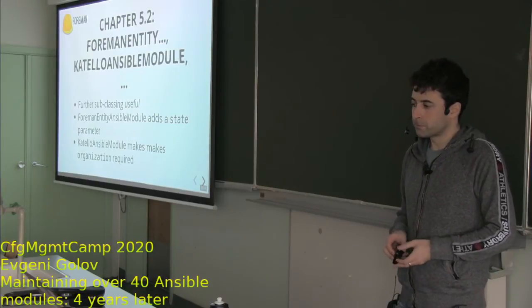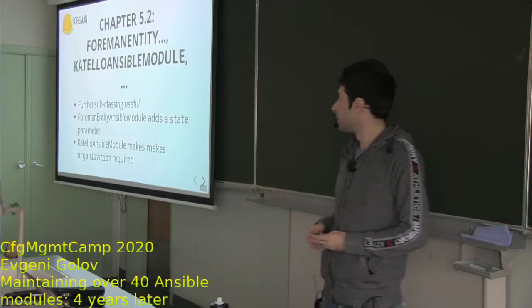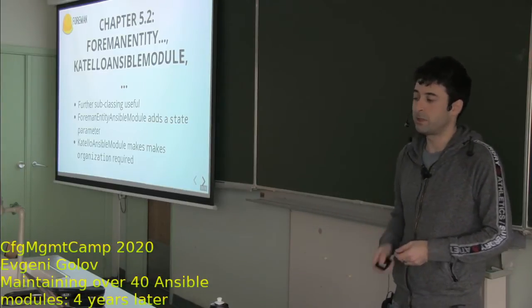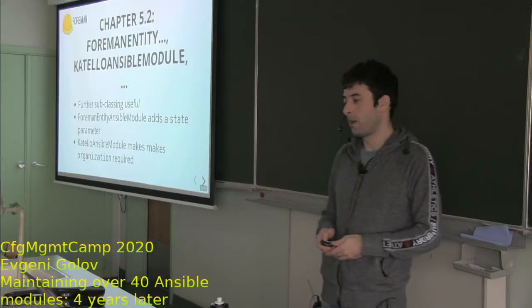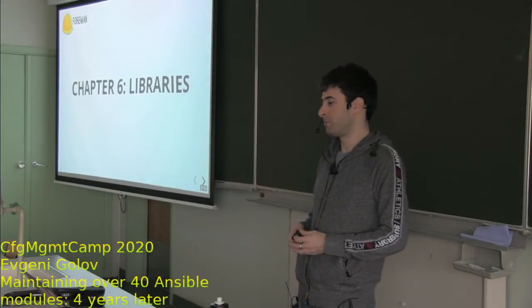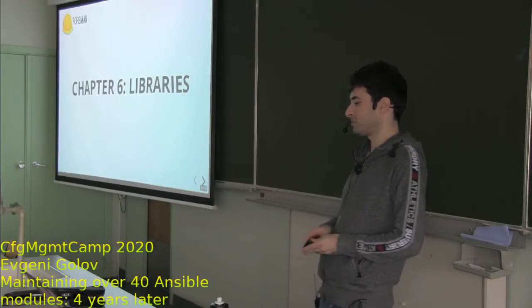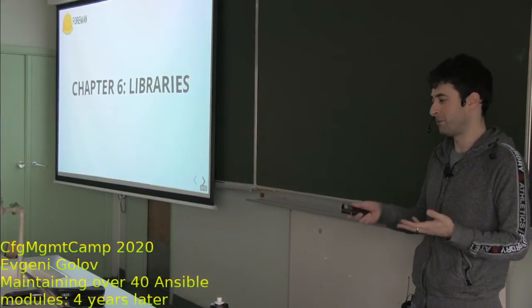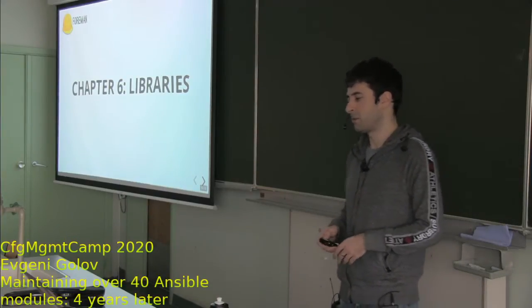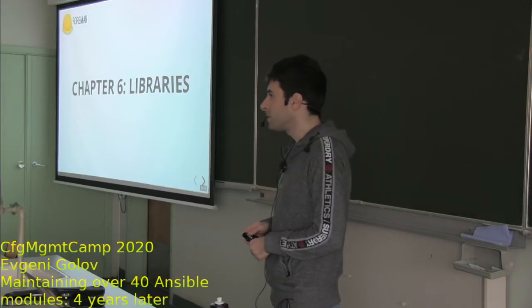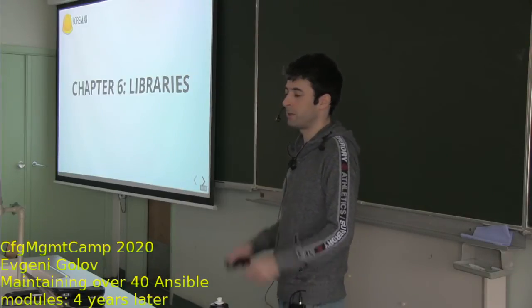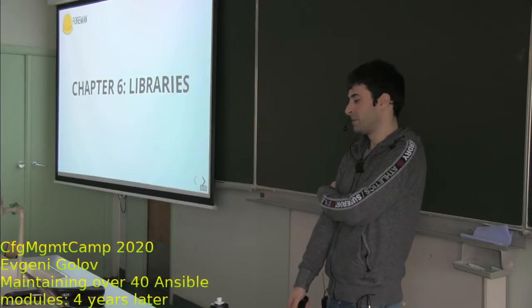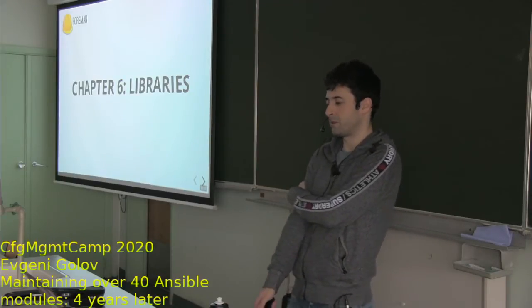Yeah. Next chapter would be libraries, because that's something that I mentioned at the very beginning of this talk. You do not want to write everything yourself inside of Ansible, because either somebody has written a library for the API, or maybe you have to do it yourself, but still having that as a library is pretty useful.